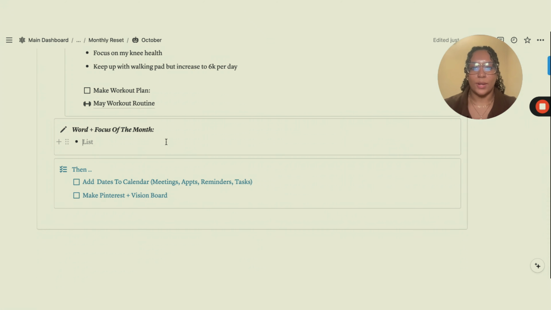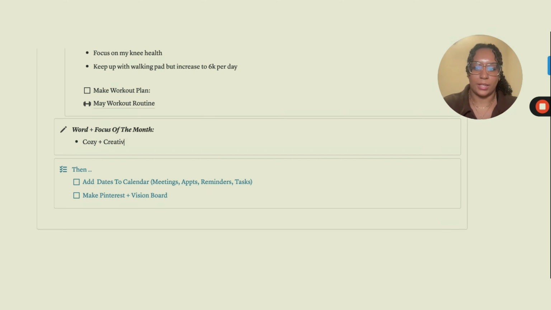Moving on, word and focus of the month. For October, I think I have 2 words. Because it's fall, my favorite time of year, we have our fall diary series going on here on YouTube, and YouTube's going to be a huge focus for me through the end of the year. I think for October, I want my words to be cozy and creative. I am a huge creative. I love editing vlogs.